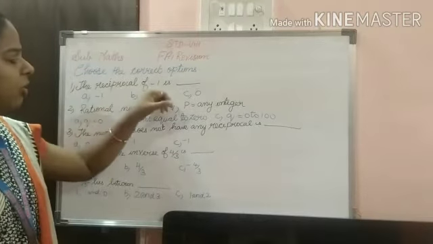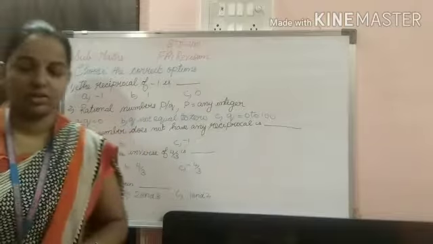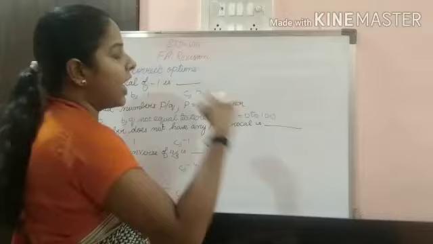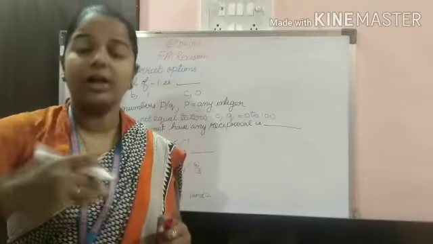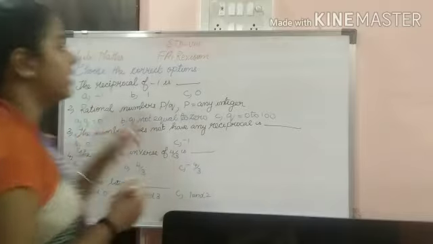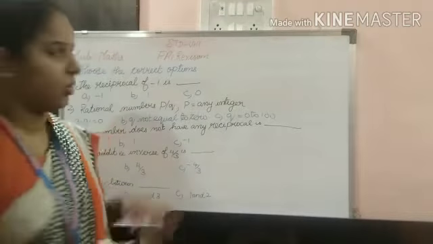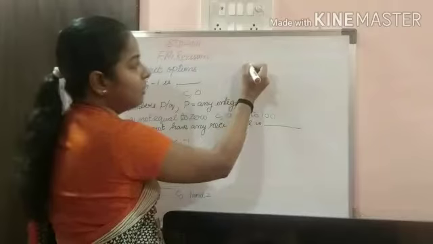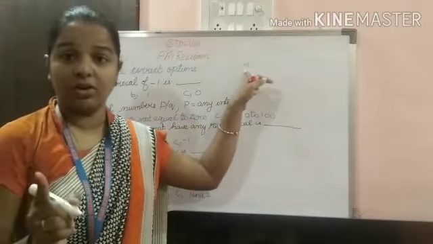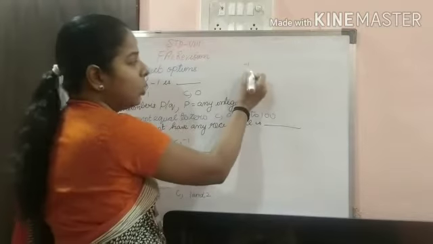First question, choose the correct option. The reciprocal of -1 is. What is the reciprocal? If any number has a denominator, that denominator will come upward and the numerator will come downward. That we call the reciprocal. Here -1 is there, and the denominator is not shown, so we consider it as 1.